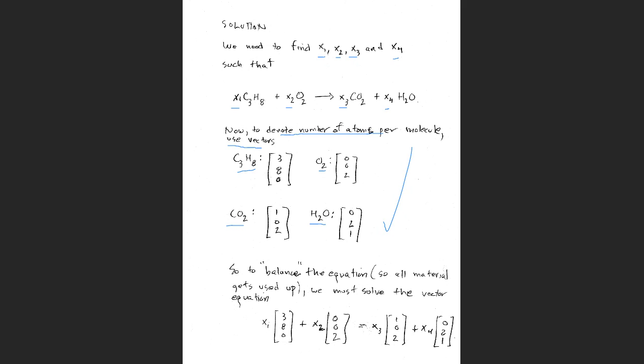Each of these four vectors is unique to the molecule it represents. These vectors are each 3 by 1 vectors. We're reserving the first spot for what atom? The first component of the vector represents what? Good, Justin. Carbon. Good, Eleanor.